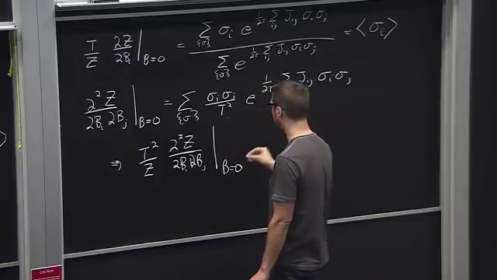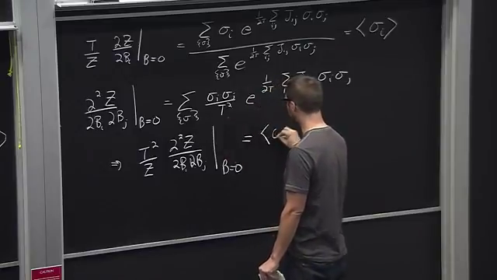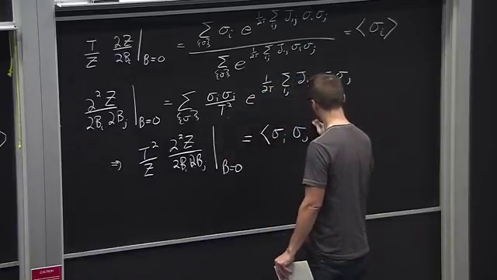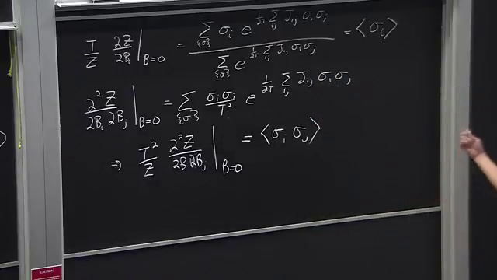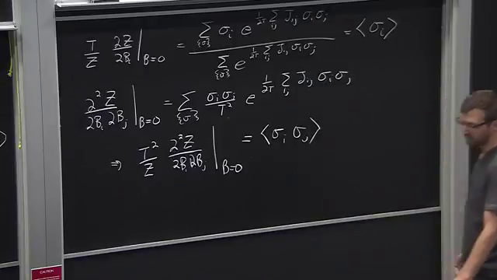T squared Z. So this thing should give me sigma I, sigma J. Right. That's it. That's the proof, it's basically just understanding how these generating functions work.